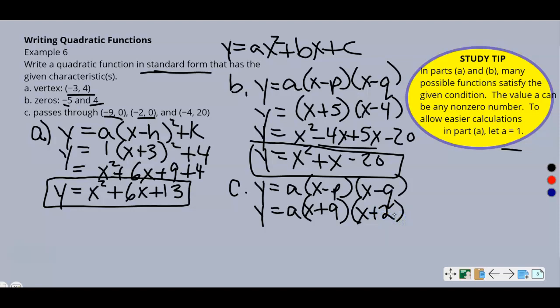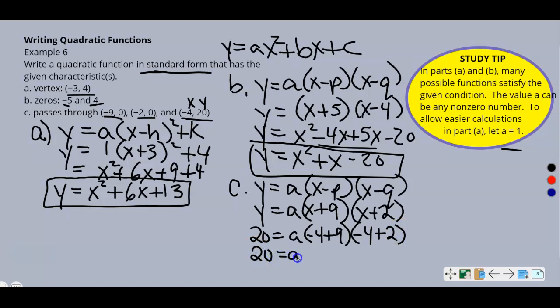Then they give us one more point, (-4, 20). So we actually can find a, because this is an x and a y value. Just substitute that in. We're going to have 20 = a times, with x being -4. So put -4 in both x's and then find a.